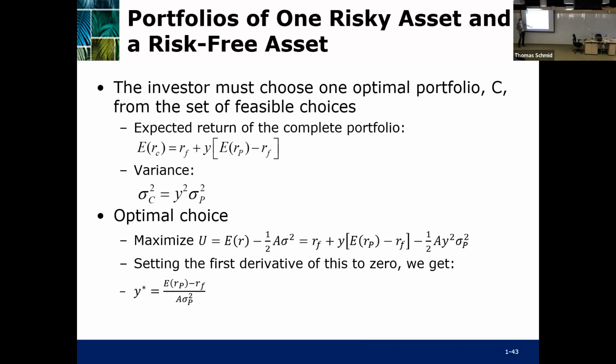So if the risk premium is higher, all else being equal, we should optimally invest more in the risky portfolio. Does this make sense? Yeah, kind of, right? Because if you get more benefit for taking the risky asset, everything else being equal, you will invest more.